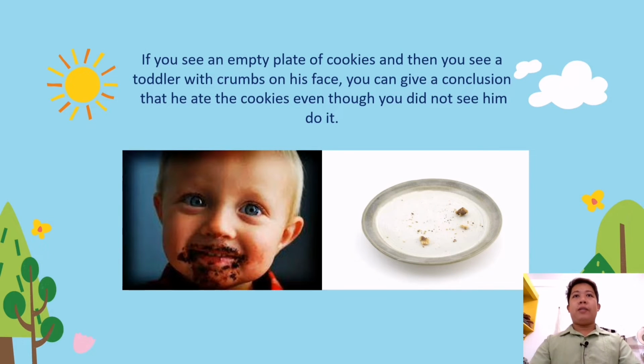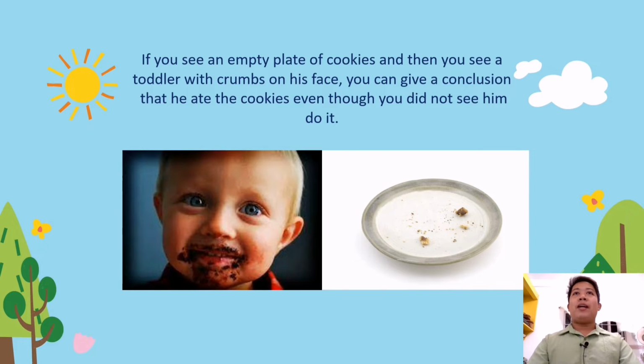Let's look at the picture. If you see an empty plate of cookies, and then you see a toddler with crumbs on his face, you can give a conclusion that he ate the cookies even though you did not see him do it. In the text, first you have to read the passage because that's where the clues are.